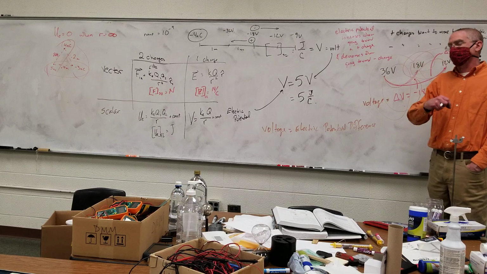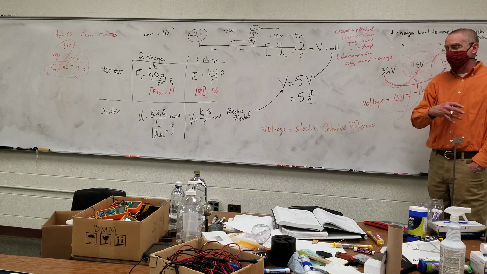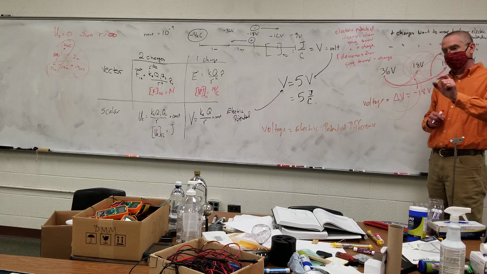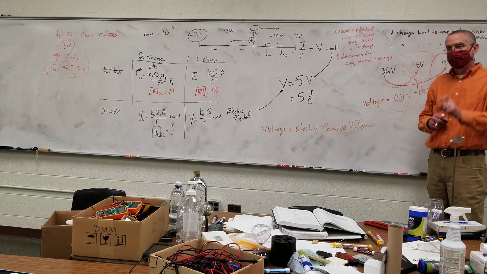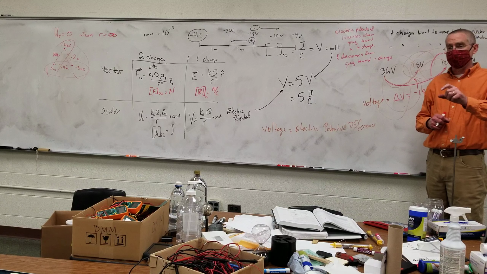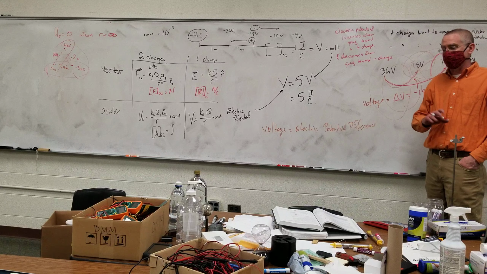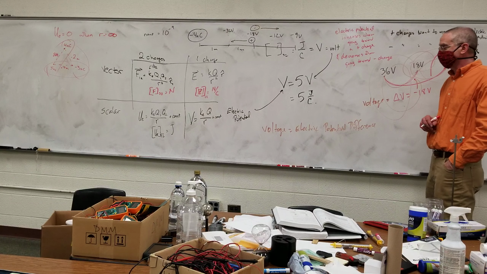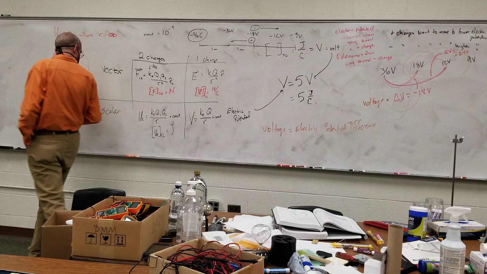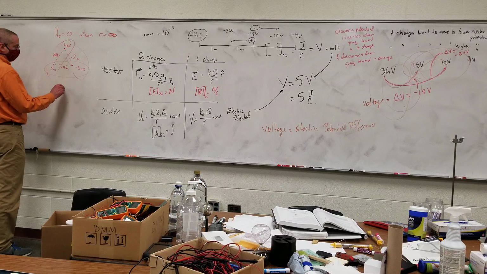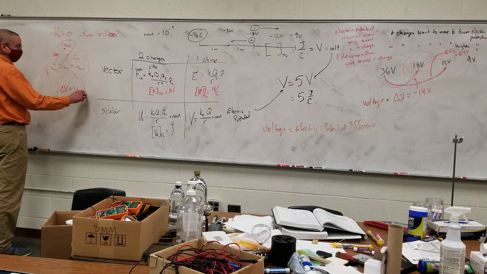Now, some textbooks play really fast and loose with this, and they put delta V when they're talking about voltage, and they put capital V when they're talking about electric potential. Some textbooks do fast and loose, and they just use capital V no matter what without sticking the delta in front of it. Here's the thinking for the books that do that. I know that my voltage is my final potential minus my initial potential.